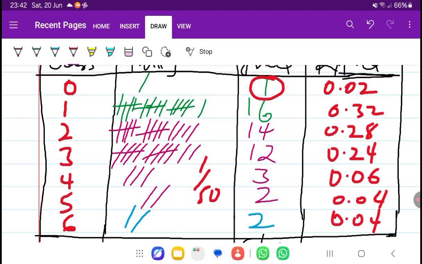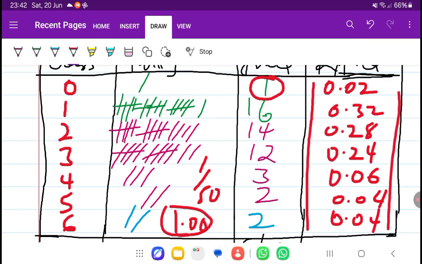When you add all these, it has to give you a 1.00, because the last one has to be 50 over 50, which is a 1.